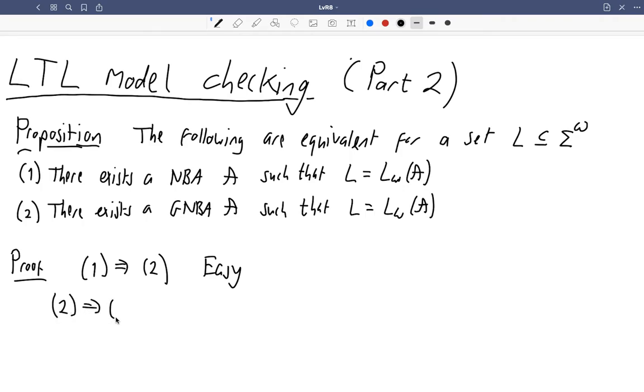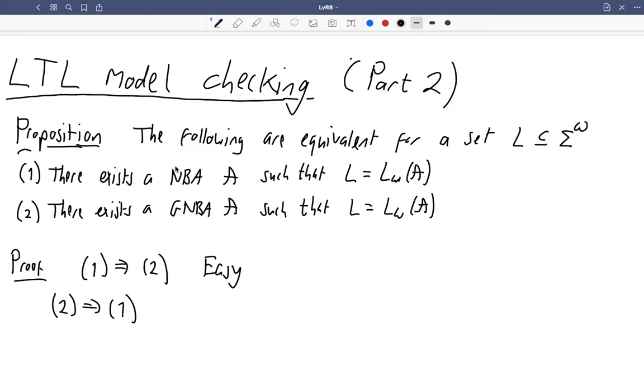2 implies 1 is not easy, but it's not terribly difficult. So suppose we've got a generalized non-deterministic Büchi automaton that recognizes the set of infinite words L. Well then, how can we prove 1?